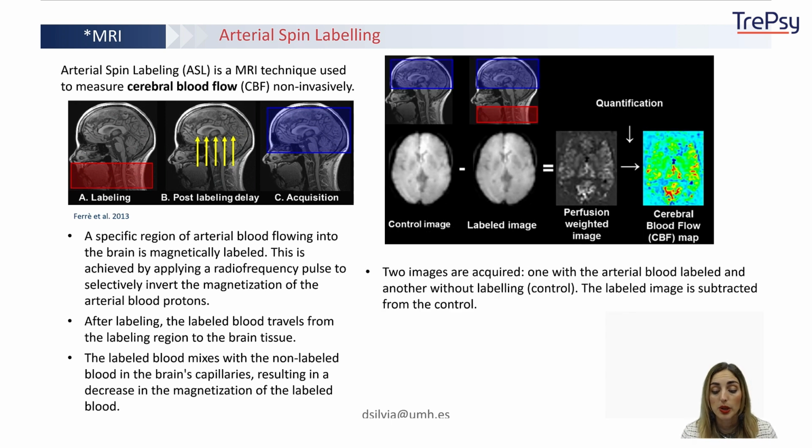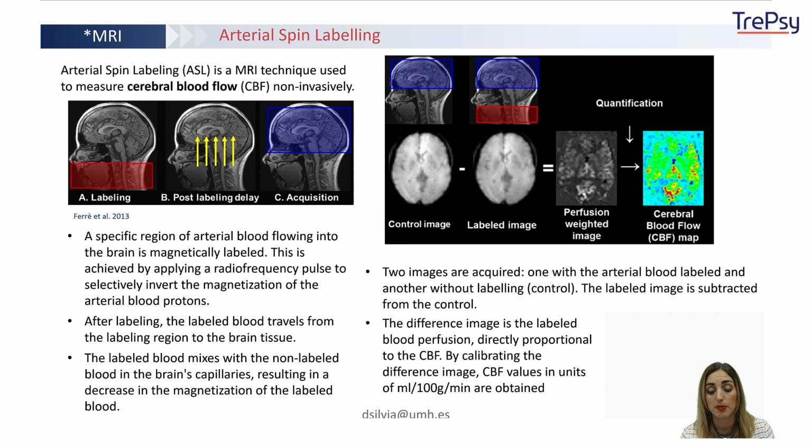By acquiring two images, one with the arterial blood labeled and another without, which is the control image, one can do the subtraction of the two, and the subtraction is proportional to the labeled blood perfusion, proportional to the cerebral blood flow.